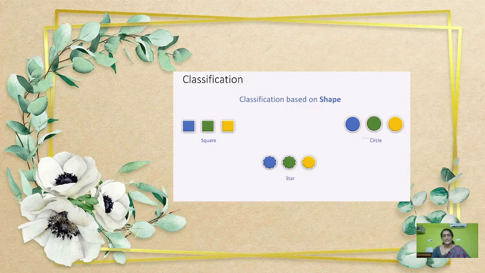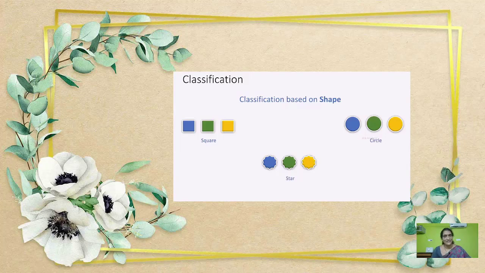So you need not study all the 9 toys now. You made them into groups. It is easier for you to study. Similarly, animals are classified. In the next class, we see how the animals are classified.